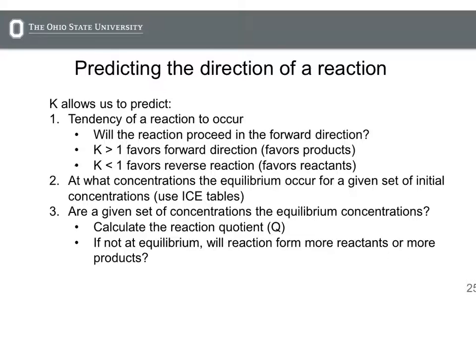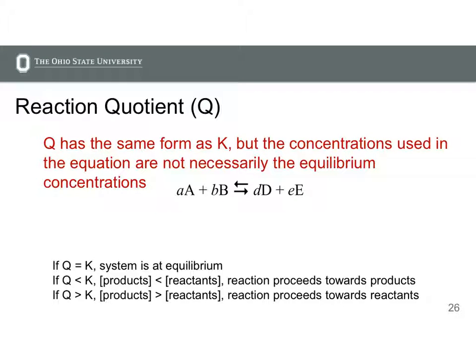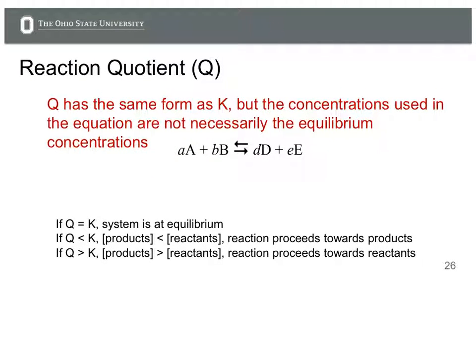Okay. So the reaction quotient essentially has the same form as K. So it's calculated in the same way. But the major difference is that the concentrations used in the equation are not necessarily the equilibrium concentrations. So you're given some concentrations.